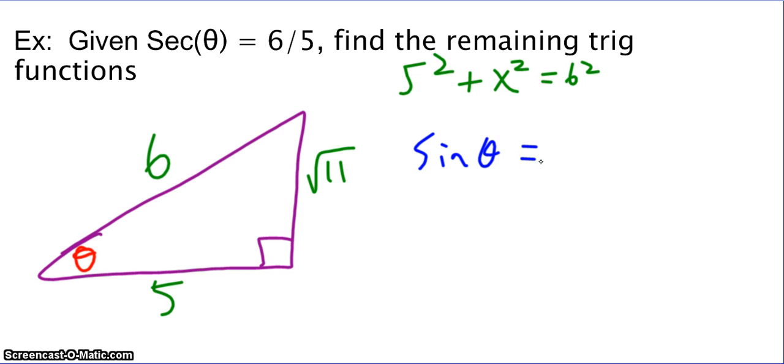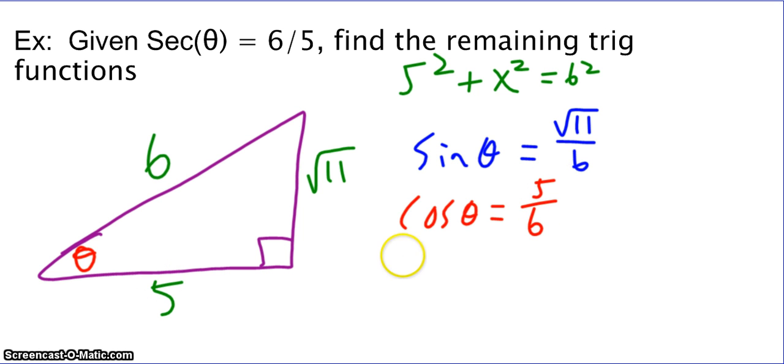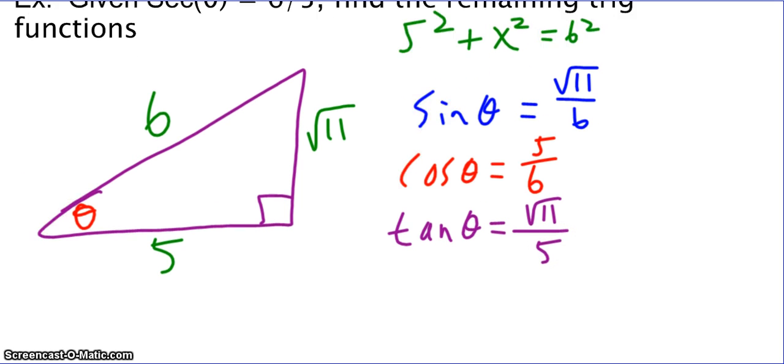The sine of theta is going to be what? Sine is opposite over hypotenuse. The cosine of theta is going to be adjacent over hypotenuse. Tangent of theta is opposite over adjacent.